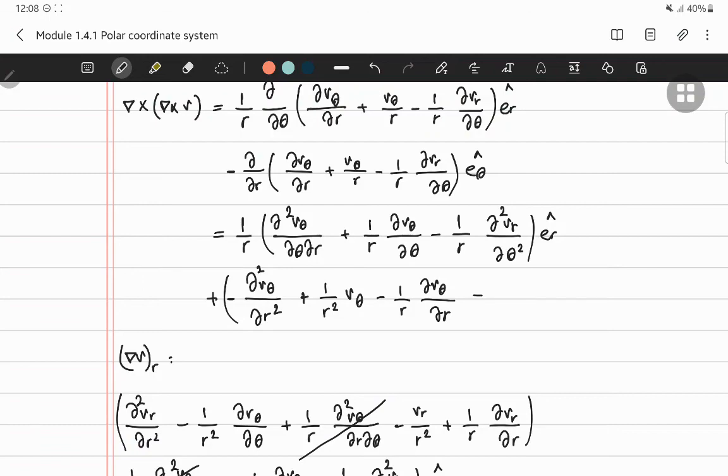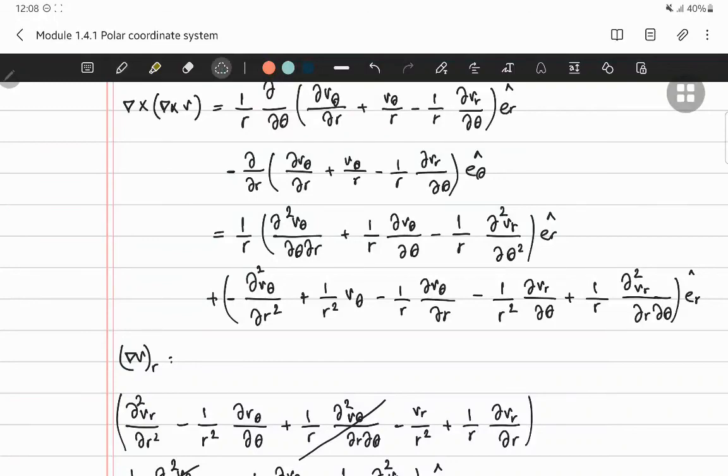So I have minus minus plus, and I have a minus here, so it is 1 divided by r squared, partial derivative of Vr with respect to theta, plus, now I have this one, so it is minus 1 divided by r, but I have a minus here, so it becomes plus, and it is this one. So it is minus times minus, plus 1 divided by r goes here, and I have the second partial derivative of Vr with respect to r and then theta. Great.